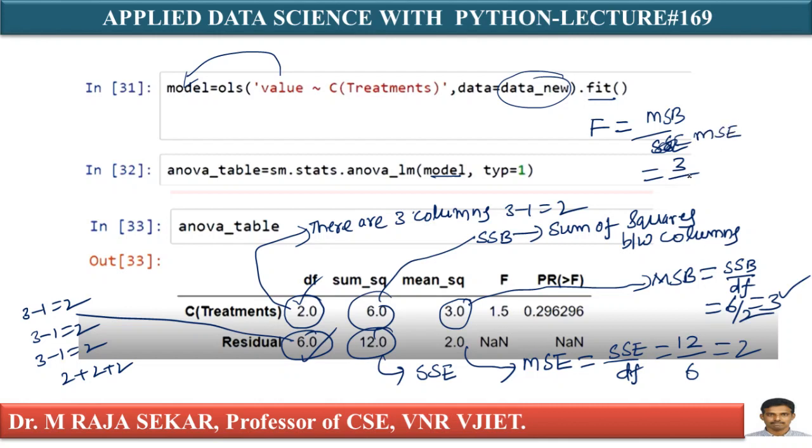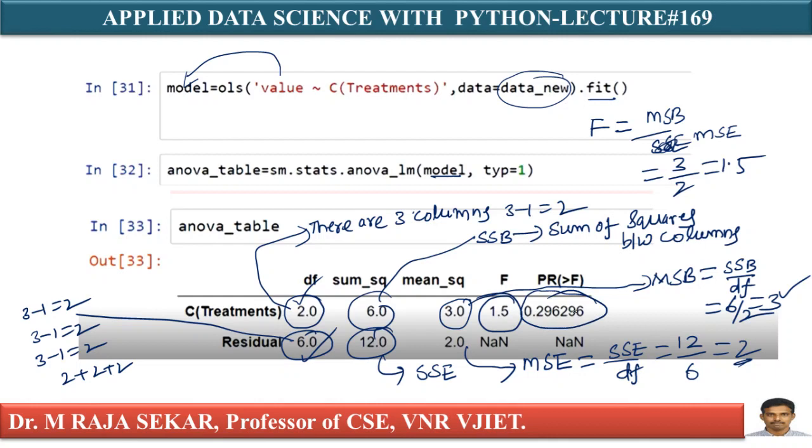Yes. What is my MSE value? It's 2. So F equals MSB by MSE, 3 by 2, which is 1.5. This is my F statistic, 1.5.